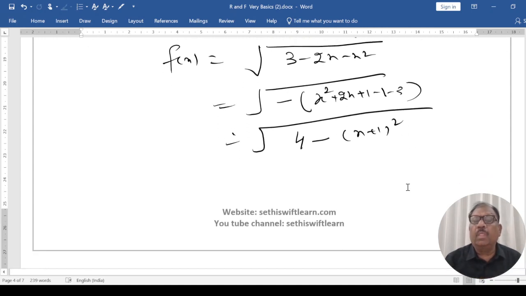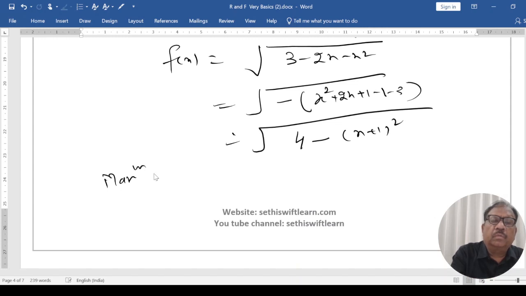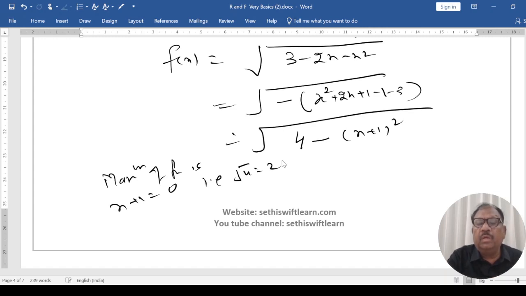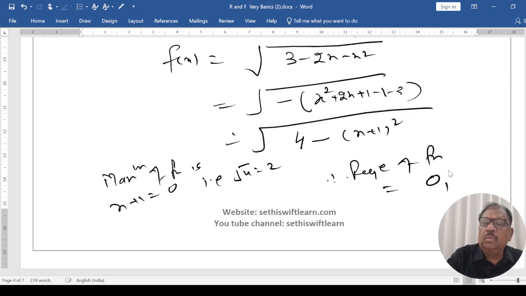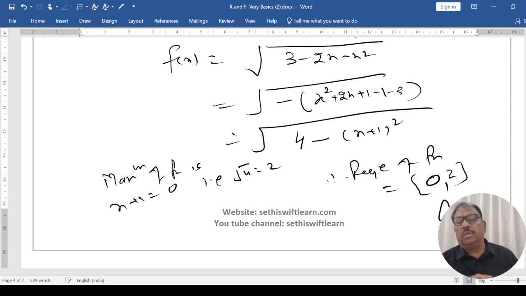In this case, the maximum value of the function occurs when x plus 1 equal to 0, and that is under root 4, that is 2. Therefore, the range of the function is 0 to 2. This is a closed interval. This is the answer.